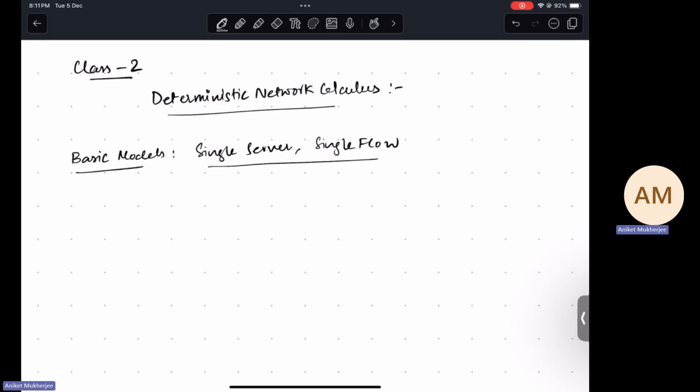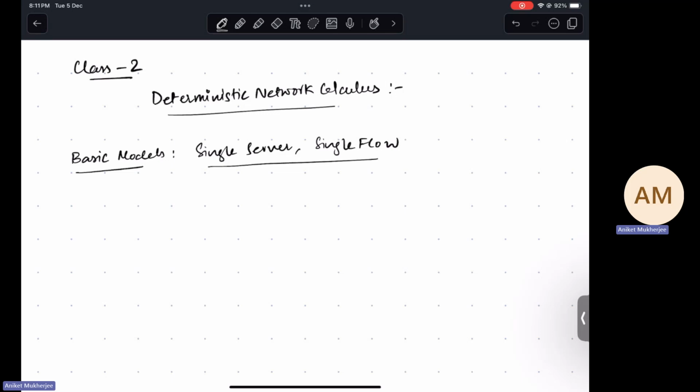In the introduction, maybe you've understood that network calculus is basically a theory where we try to find upper bounds on performance metrics of network analysis. So what are those performance metrics? They are the delays that the flow can see, or the queue buildup, the backlog, in the networks.